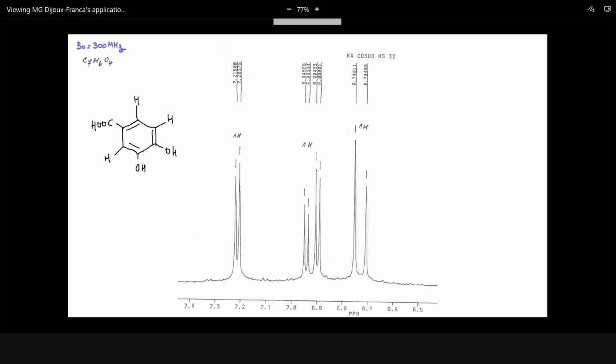And on the other side, we can draw the other structure. And there is a third one.